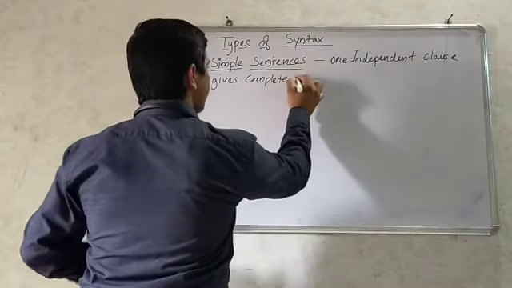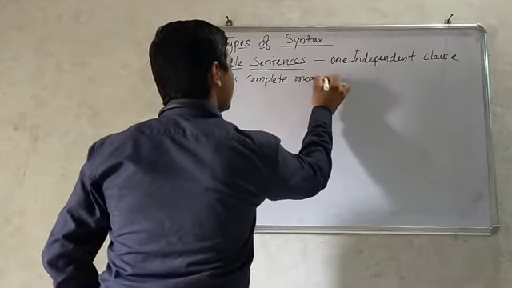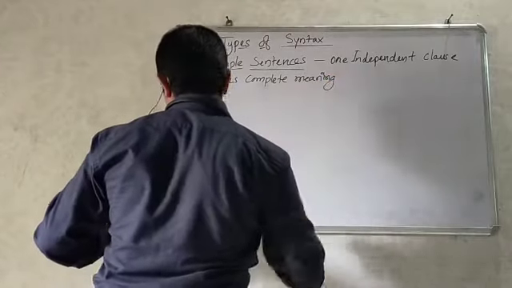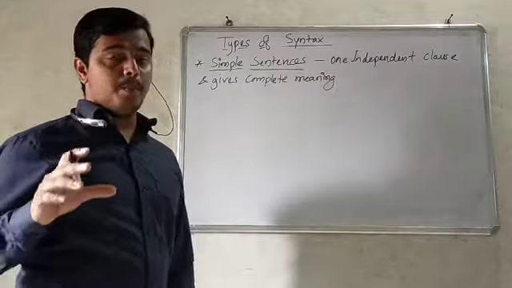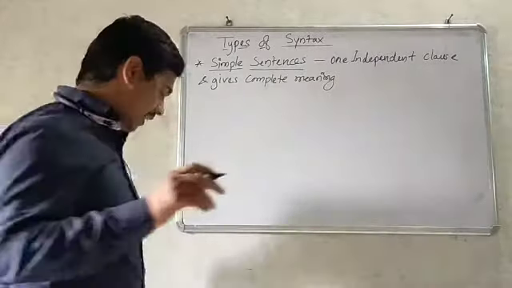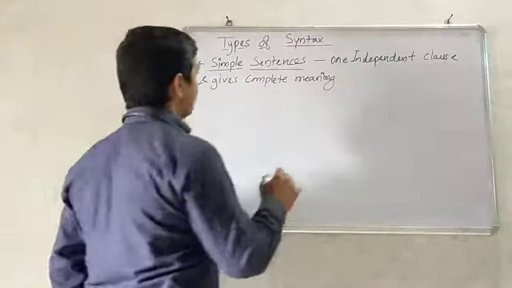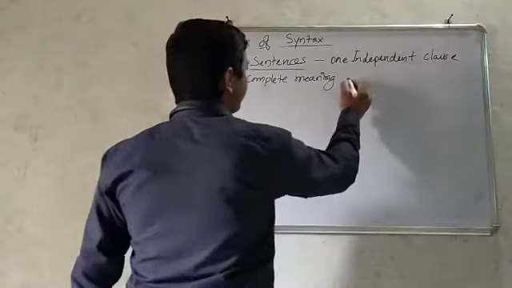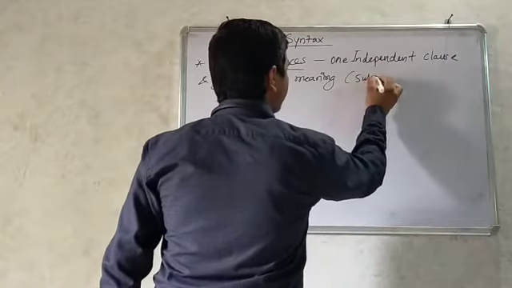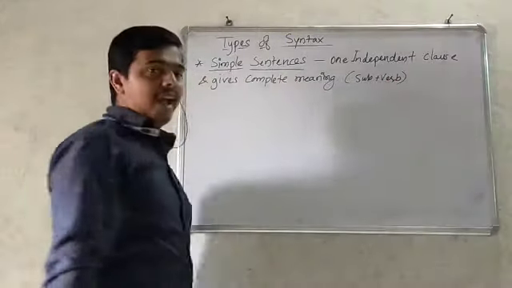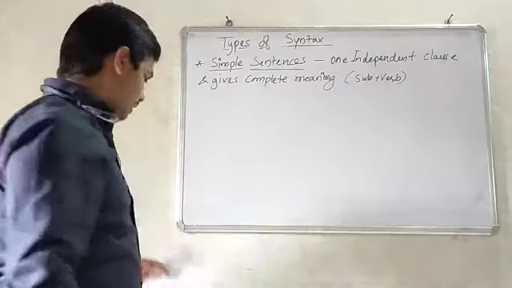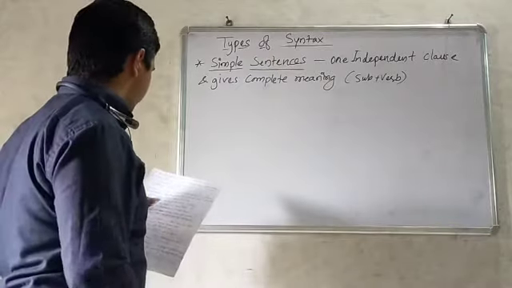These kinds of sentences must have a subject and a verb.